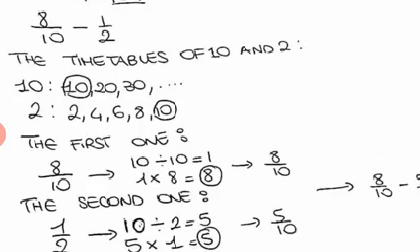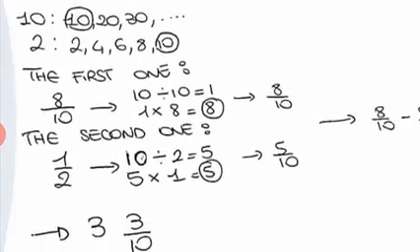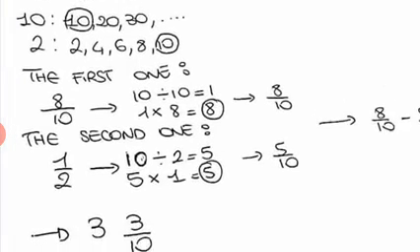So we have that for the first fraction, 10 divided by 10 equals 1. 1 times 8 equals 8. So we have 8 over 10, which remains the same. The second one, 1 over 2. 10 divided by 2 equals 5. 5 times 1 equals 5. So we have 5 over 10.